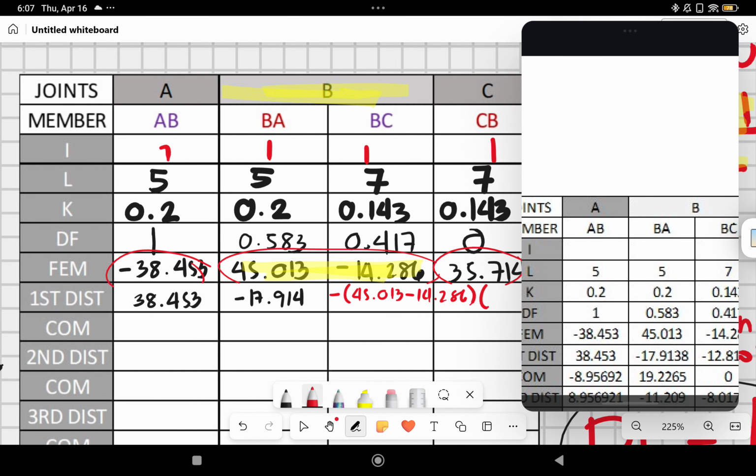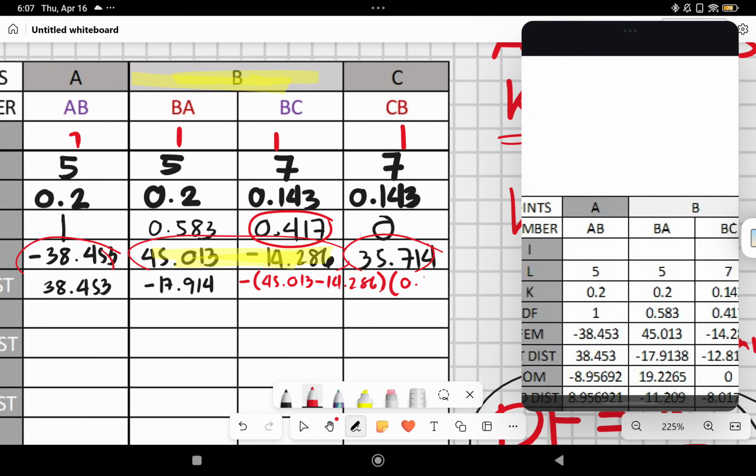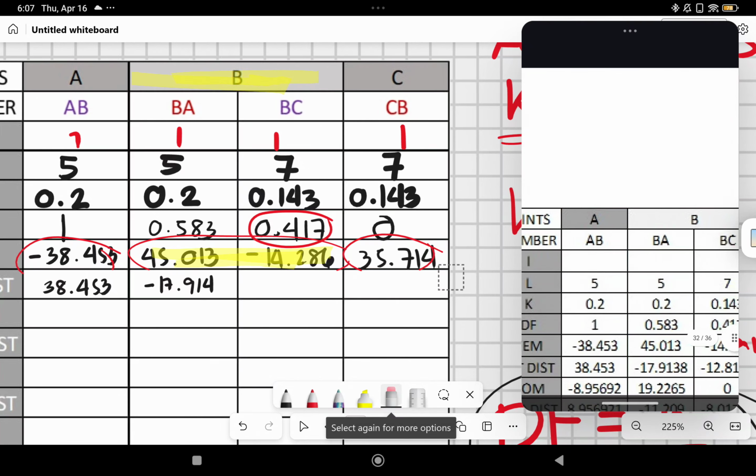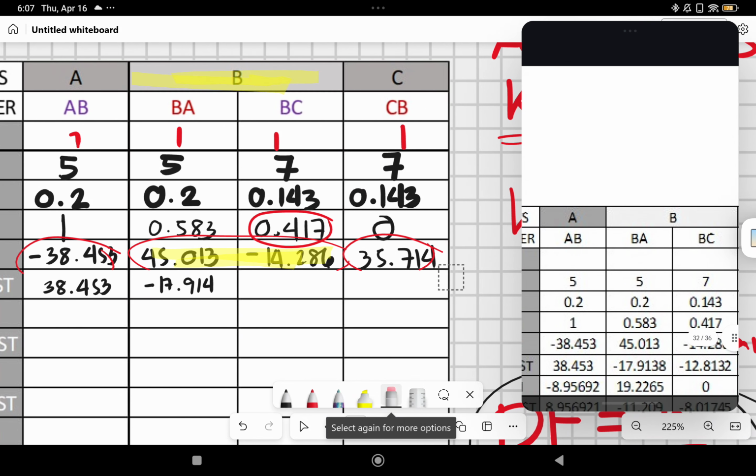What changes is the distribution factor we multiply, which is 0.417. I will just refer to my pre-computed answer. That is equal to negative 12.81.